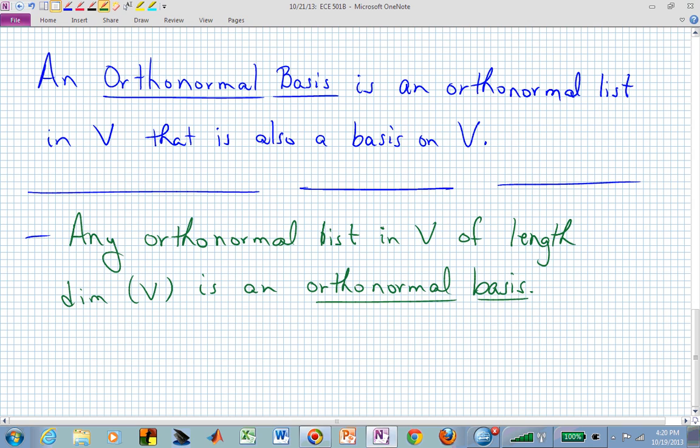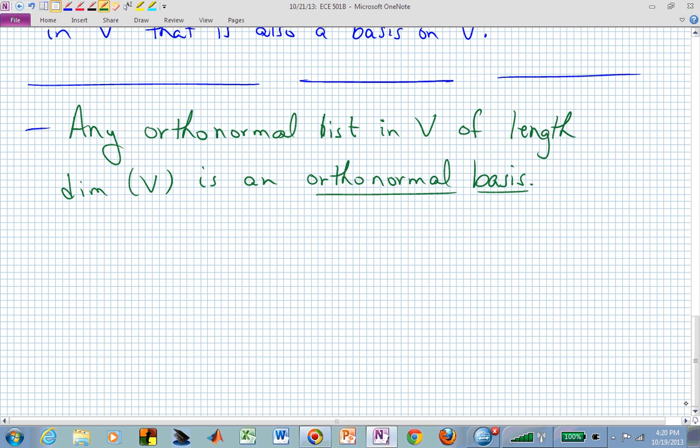An orthonormal list has pairwise orthogonal vectors of norm 1. If the dimension of capital V is little n, and we have n of those vectors, we can create an orthonormal basis out of that orthonormal list.